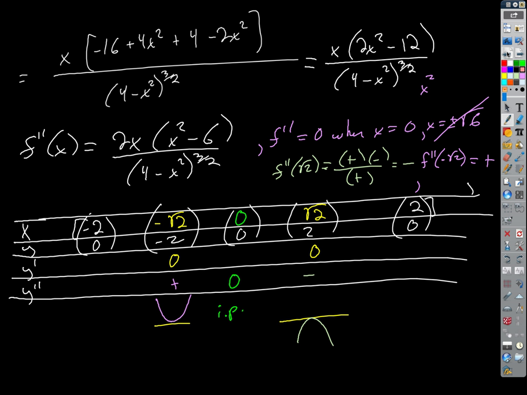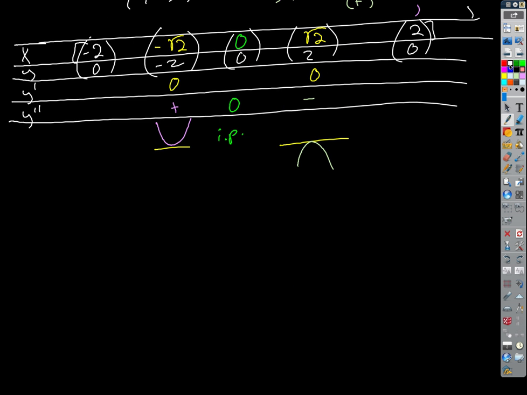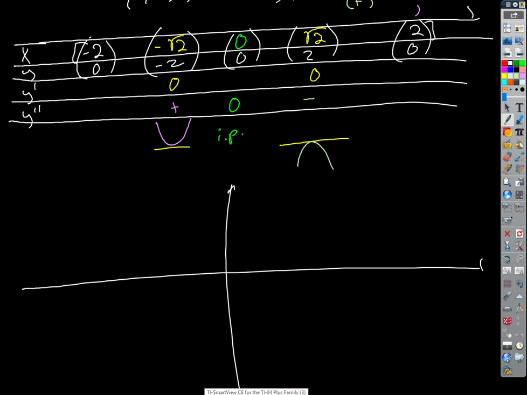So that would mean it has these x and y values. If we graph this thing, there's the xy plane. We know we've got a point here, and a point there.